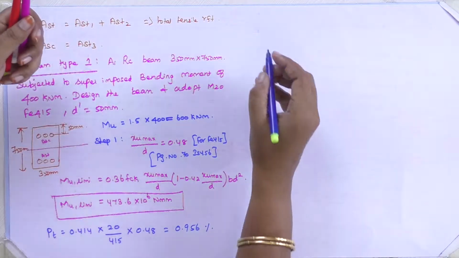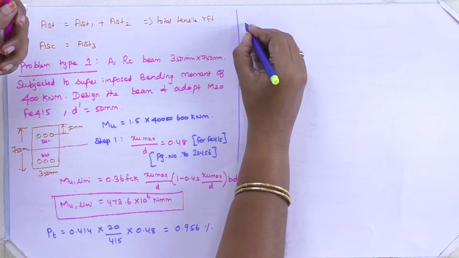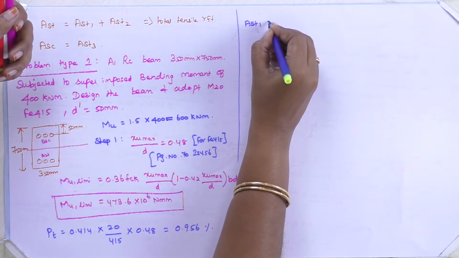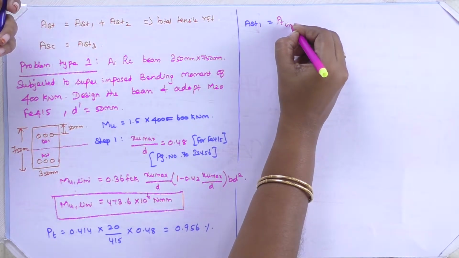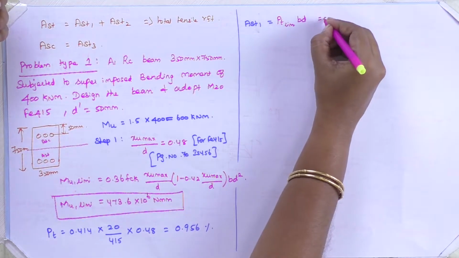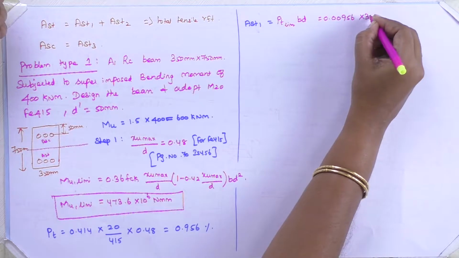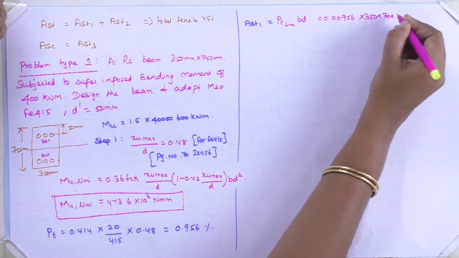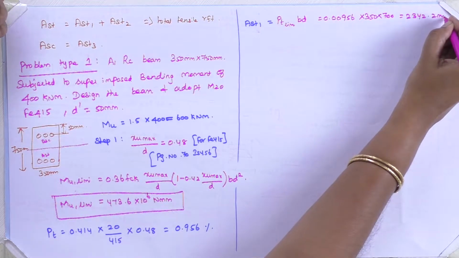Now I can take Ast1 is equal to pt, that is the limiting value from Xu max by D, into b d, that is equal to 0.00956 into 350 into 700. I'll get around 2342.2 mm square.